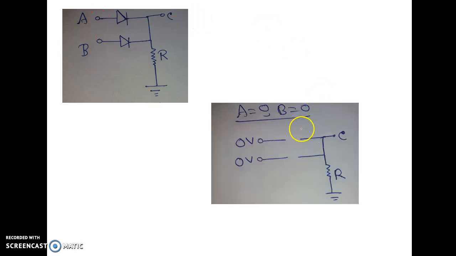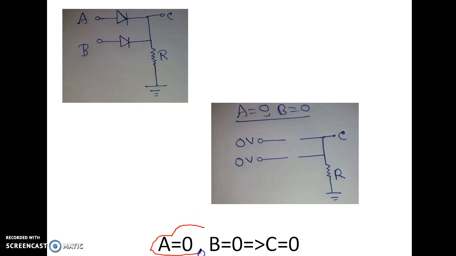We can replace the two diodes by open circuits, because in this case the P side is at 0 volt and the other side is grounded, so this side will also be 0 volt. No current will flow through this circuit. This is under reverse bias, so we can represent it by an open circuit. So C is 0 volt. Whenever A equal to 0, B equal to 0, we get C equal to 0.